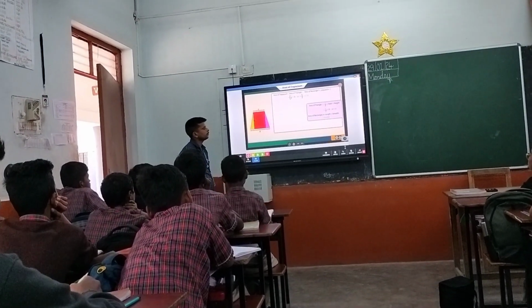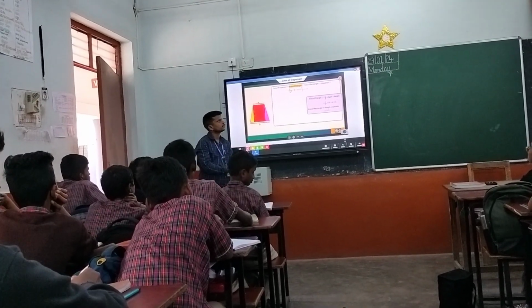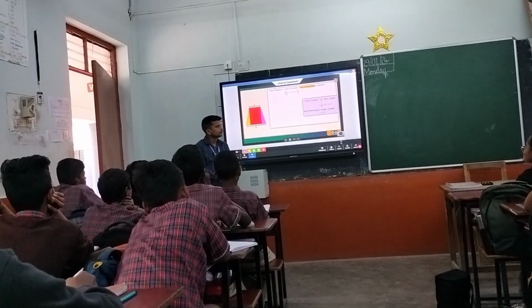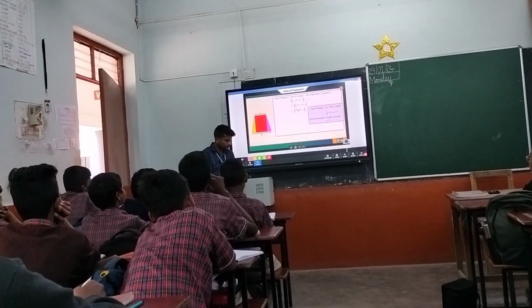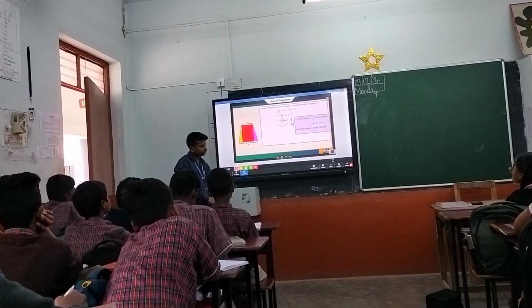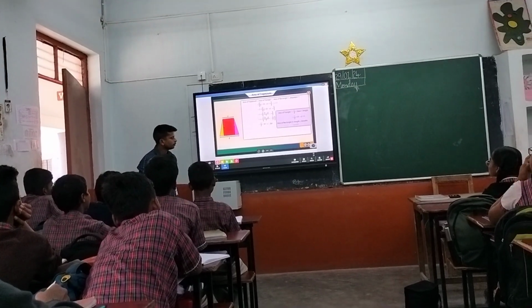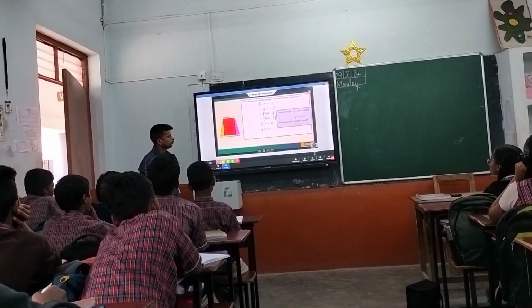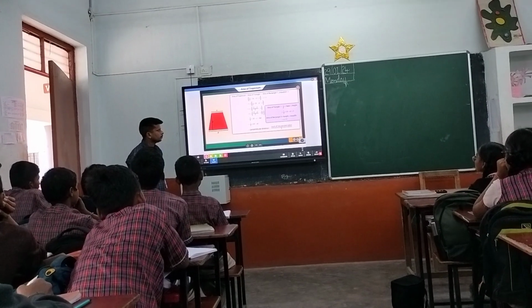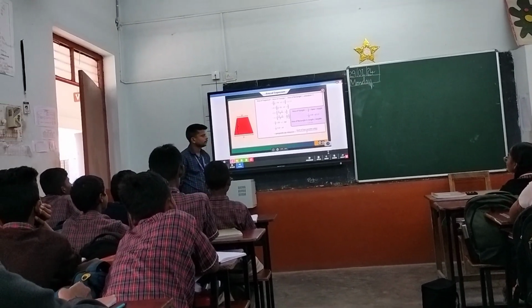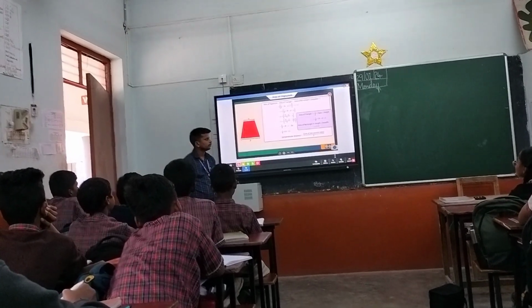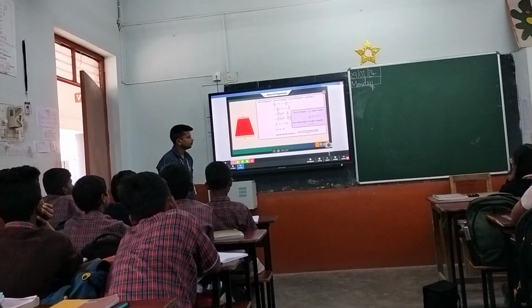Let us now substitute the values of the area of triangle 1 and the area of rectangle 2 in equation 1. On simplifying, we get h divided by 2 times the sum of b and a. Therefore, the area of a trapezium is equal to the product of the perpendicular distance between the two parallel sides and half the sum of the parallel sides.